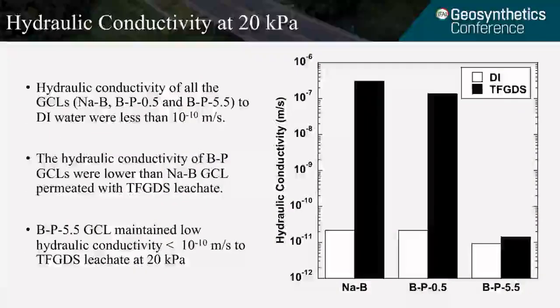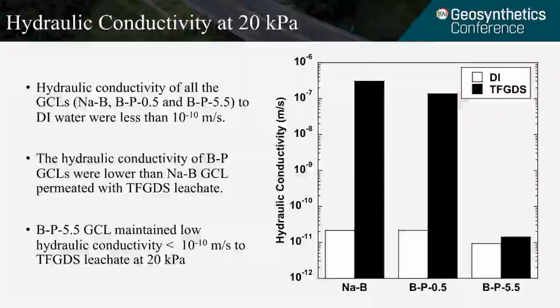This slide compares the hydraulic conductivity of 3 GCLs at 20 kPa cell pressure, or confining stress, to DI water and TFGD leachate. First of all, you can see when permeated with DI water at 20 kPa, all 3 GCLs maintain a low hydraulic conductivity. However, when exposed to TFGD leachate, both the sodium bentonite GCL as well as the BP.5 GCL become very permeable.